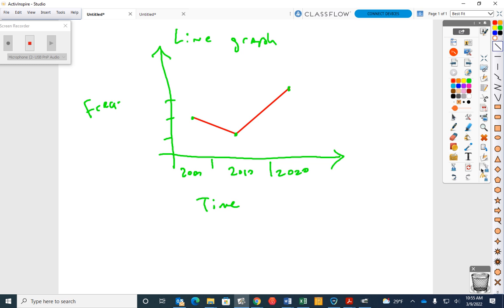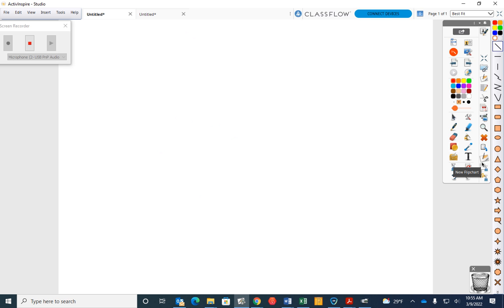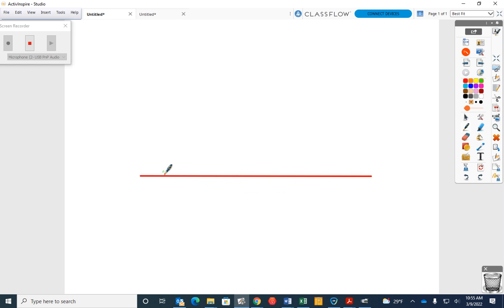Okay, line plot. Anybody ever seen a line plot? No. Okay, what's a line plot look like? Once I show you, you'll remember it. It's a number line, and it has some values. Let's say this was -1, 0, 1, 2, 3.